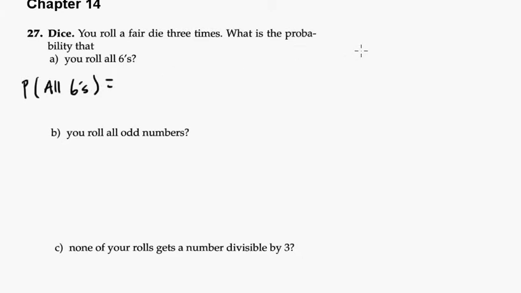You could do a tree, but I don't know if we need to here, because it's like an "and." The probability of getting a 6 is 1 out of 6, and not getting a 6 is 5 out of 6. They're independent events, so the second roll has the same probability.